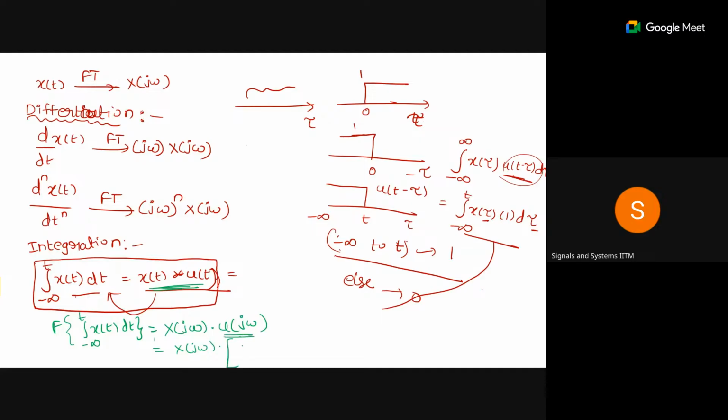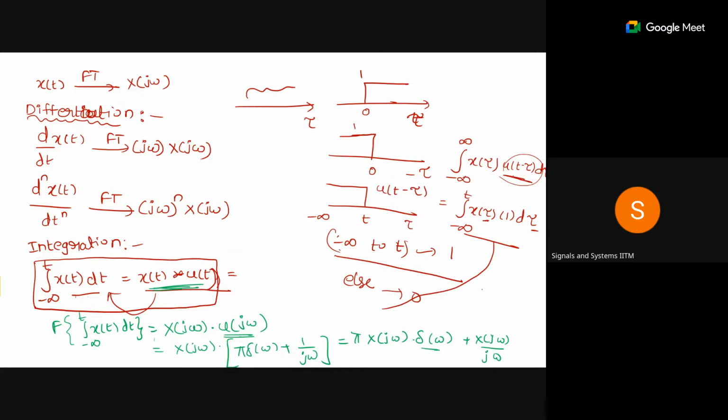What is the Fourier transform of the step function? It is pi delta omega plus 1 by j omega. So we multiply it: pi X of j omega into delta omega plus X of j omega divided by j omega.